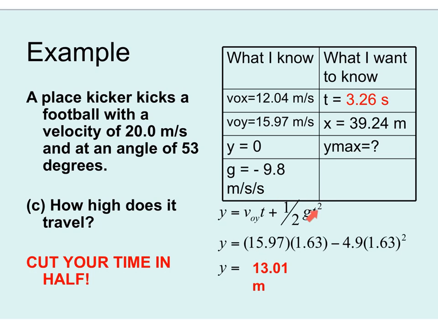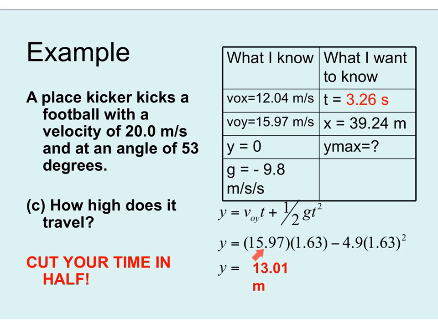In order to calculate how high it travels, we're going to take our vertical velocity times our time plus 1/2 times gravity times time squared. We calculated our vertical velocity as 15.97. We took our time and divided it in half because we're only looking at the up part. We're not looking at the time it took for it to come back down. That's why we have 1.63.